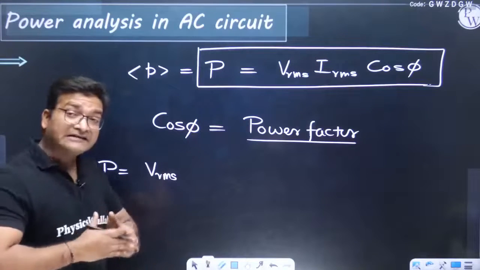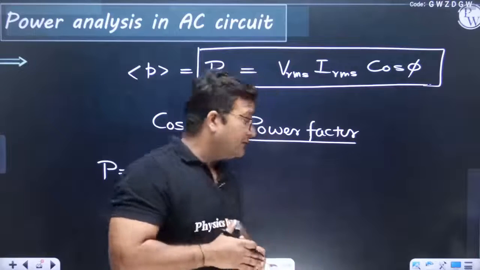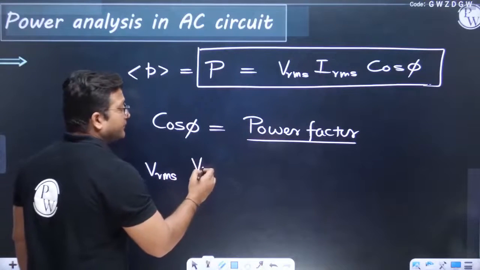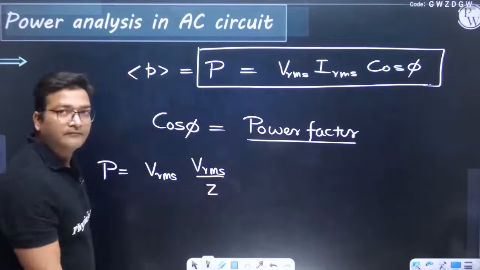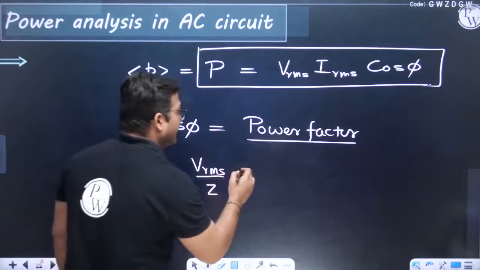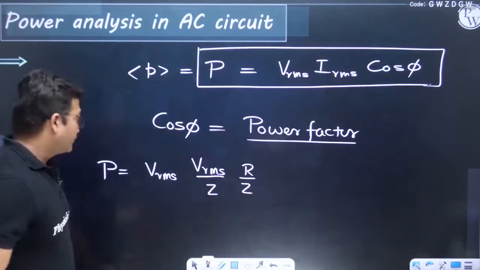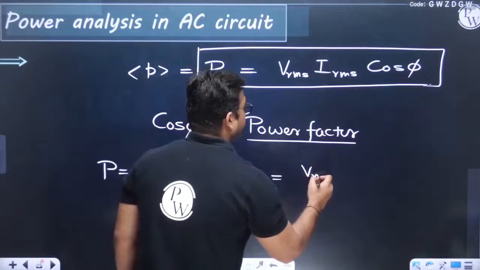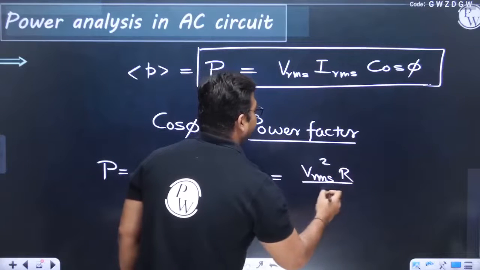As you know, the maximum value of I is maximum value of voltage divided by Z. In a similar way, you can write Irms as Vrms by Z, and cos phi as R by Z. So the power can also be written as Vrms square times R by Z.